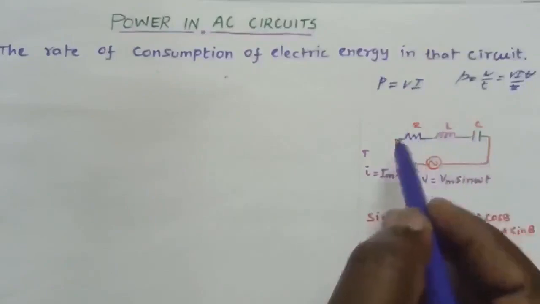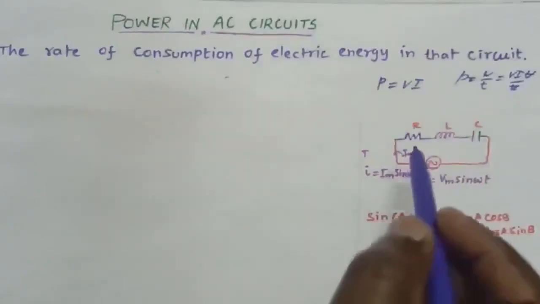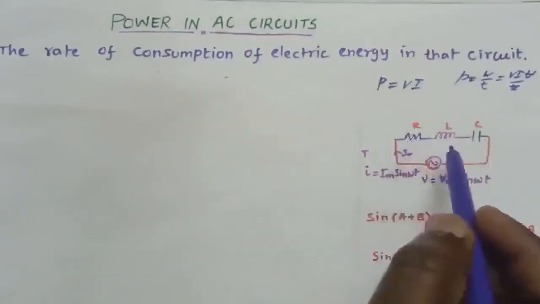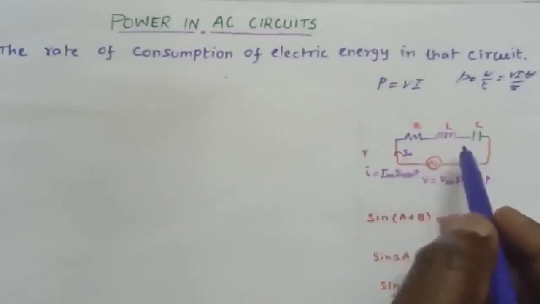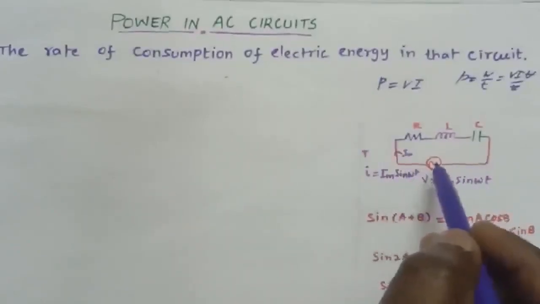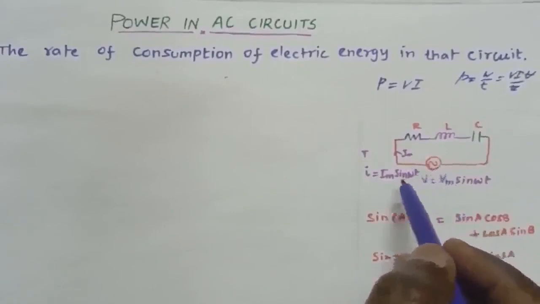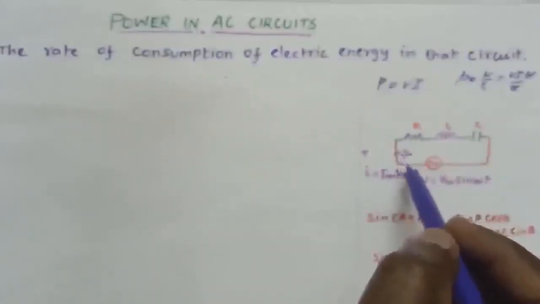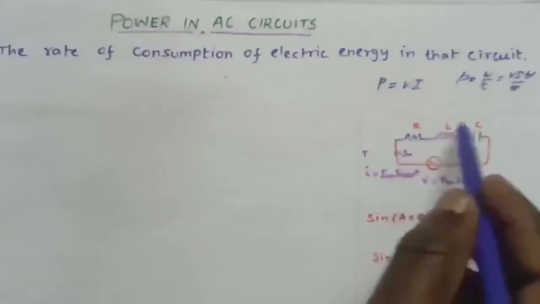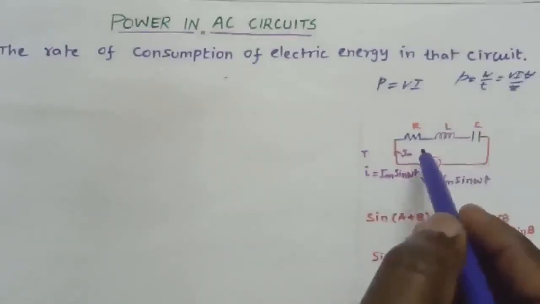Now see, this is an RLC circuit: resistor, inductor and capacitor connected in series across an applied alternating voltage.